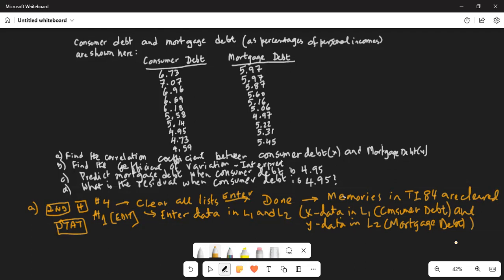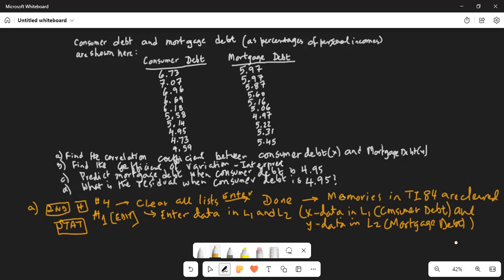Then 6.18. Then 5.58. Then 5.14. Then 4.95, 4.73, and 4.59. Everything goes in L1. There are 10 data points.